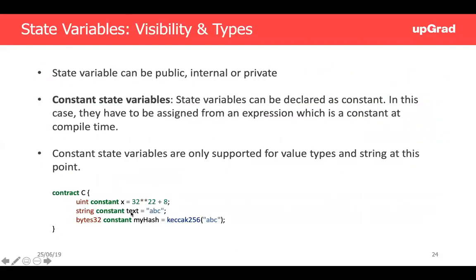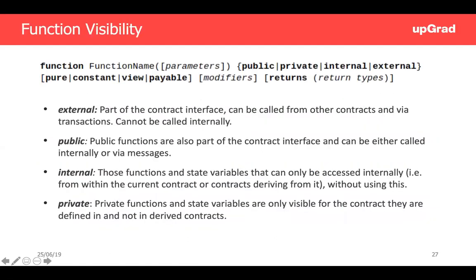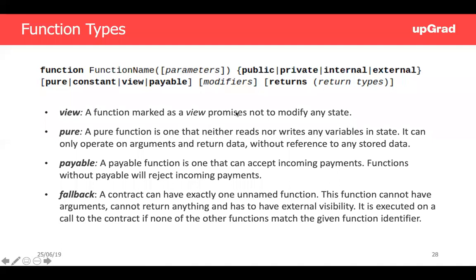This view function will only allow you to access the value of text, but you cannot change the values of any of the state variables. So view functions are generally for fetching data. They give a promise: inside of a view function, you cannot change any data.